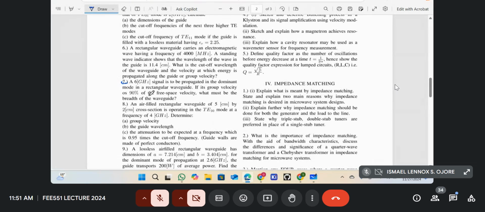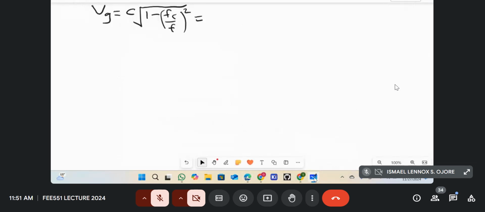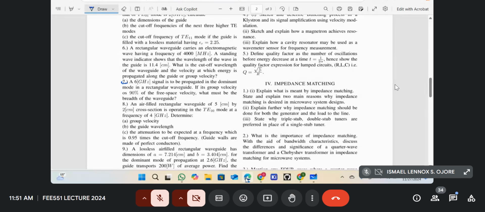From the question, we know that the group velocity is c times the square root of 1 minus fc over f squared, and we are told that the group velocity is 90% of free space velocity, so this is 0.9c. And we are told that the 6 gigahertz signal is propagated in the dominant mode in a rectangular waveguide.